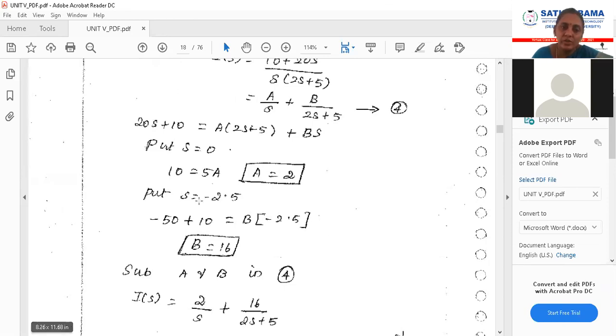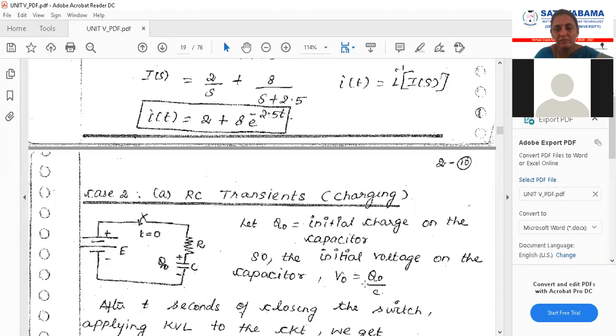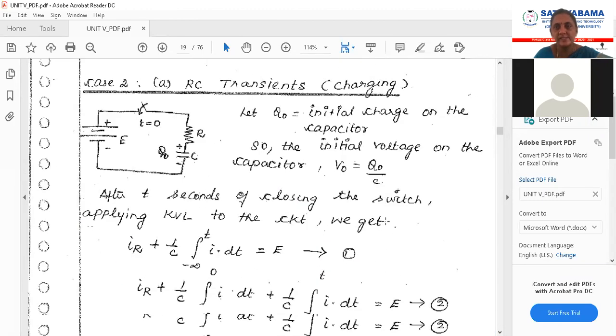Putting s is equal to 0, you get a is equal to 2, and putting s is equal to minus 2.5, you get b is equal to 16. After taking Laplace transform, you have I of t is equal to 2 plus 8 into e power minus 2.5 into t.